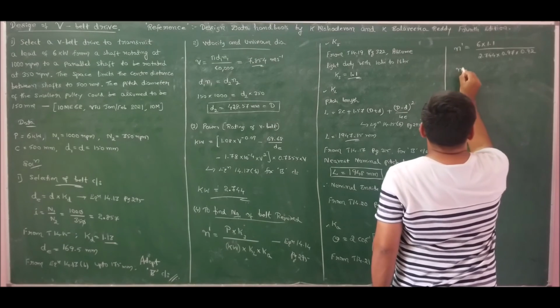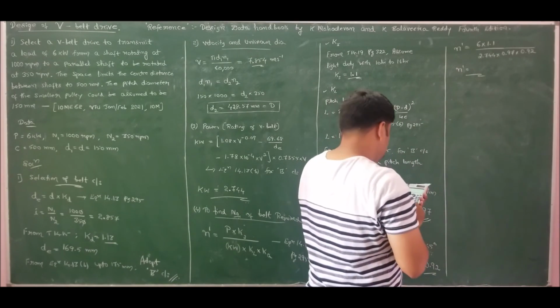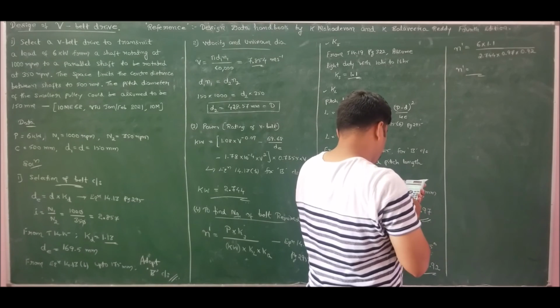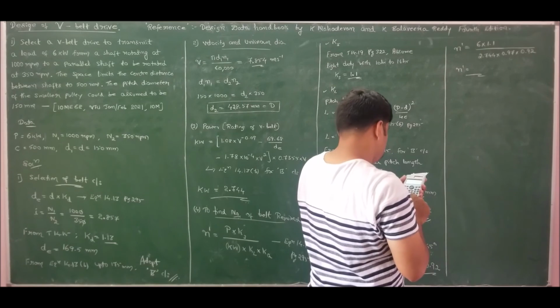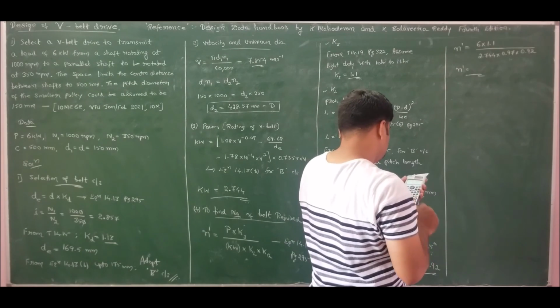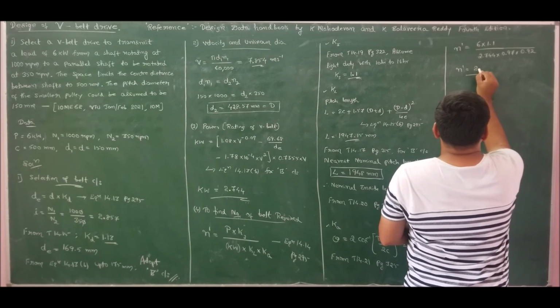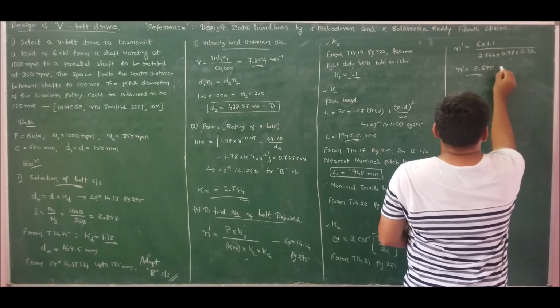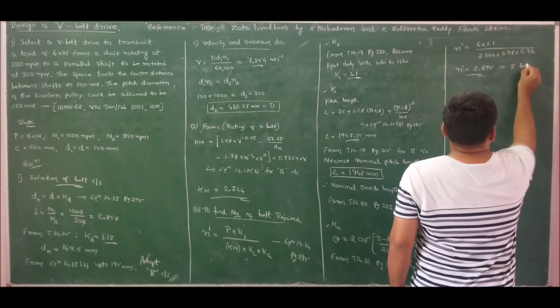So if I solve, I will get the number of belts as 6 into 1.1 divided by 2.744 into 0.97 into 0.92, which is turning out to be 2.695, nearly equal to 3 belts. So therefore number of belts required is 3 belts.